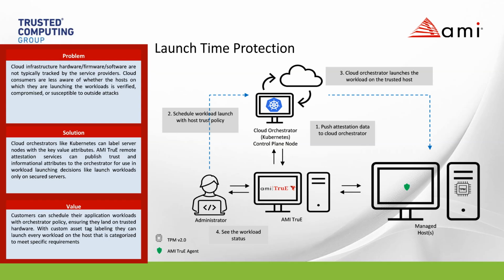What is the purpose of this information being stored or used? So here is what we call a use case, one of the most real-time use cases as part of our solution: launch time protection with cloud orchestration integration. Our product supports cloud orchestration like Kubernetes.